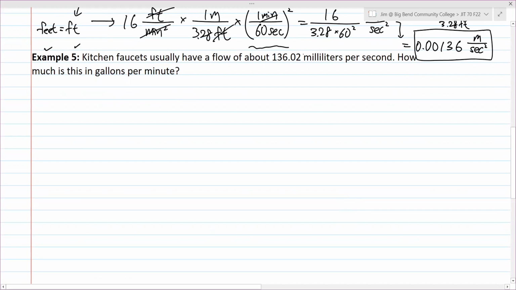If you turn up the faucet and make the flow a maximum, then you will have 136 milliliters coming out per second. So we need the final unit as gallon per minute.